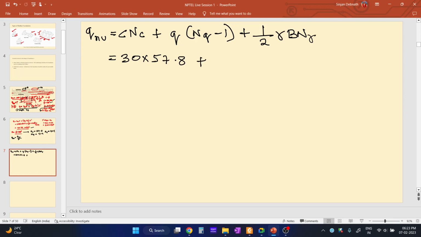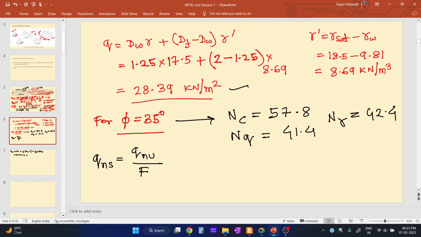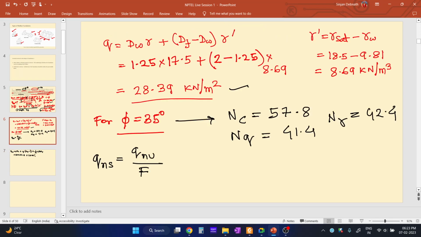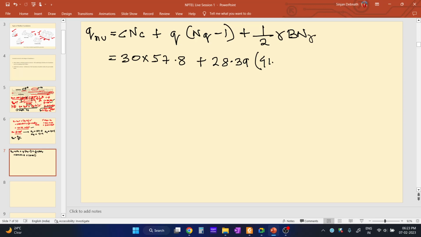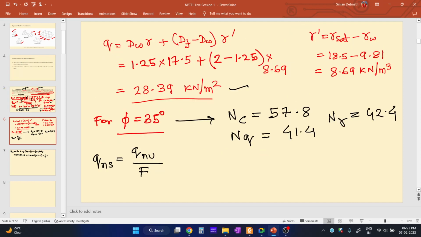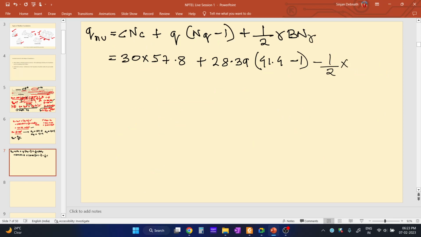The value of q, which we found out, is 28.39, and Nq is 41.4. Minus 1, minus half into gamma. This part is totally submerged, so this will be gamma submerged.